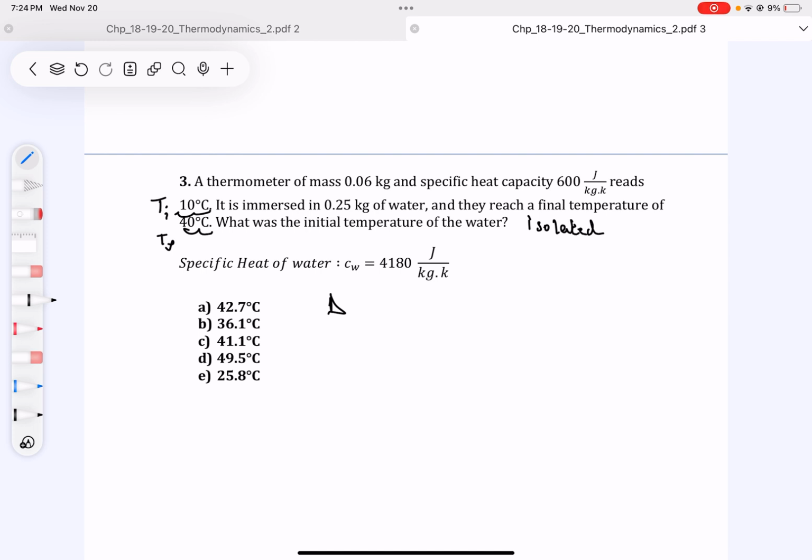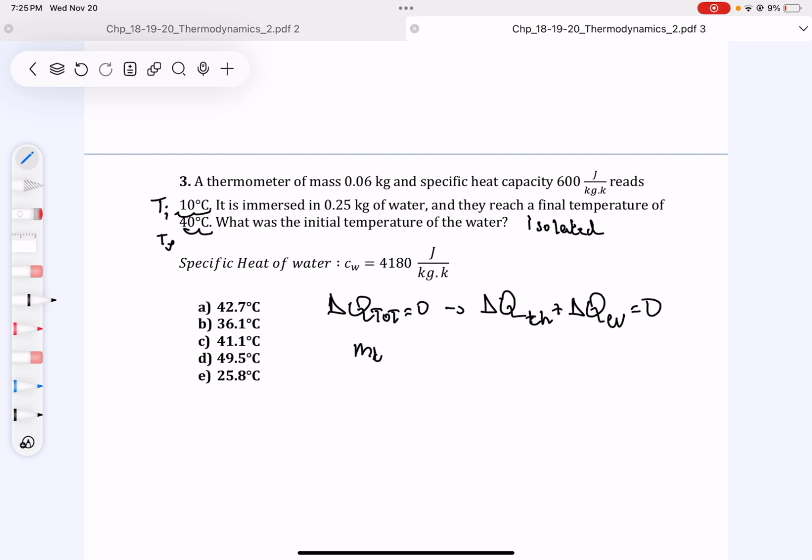Isolated to have conservation of energy. Delta Q total is equal to 0. Then delta Q of thermometer plus delta Q of water is equal to 0.